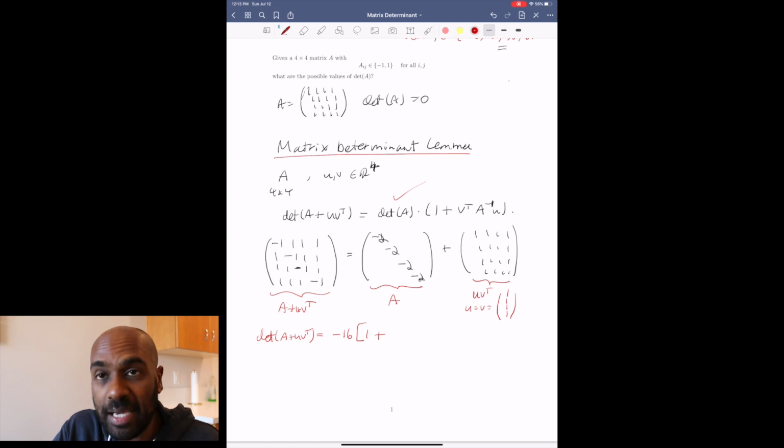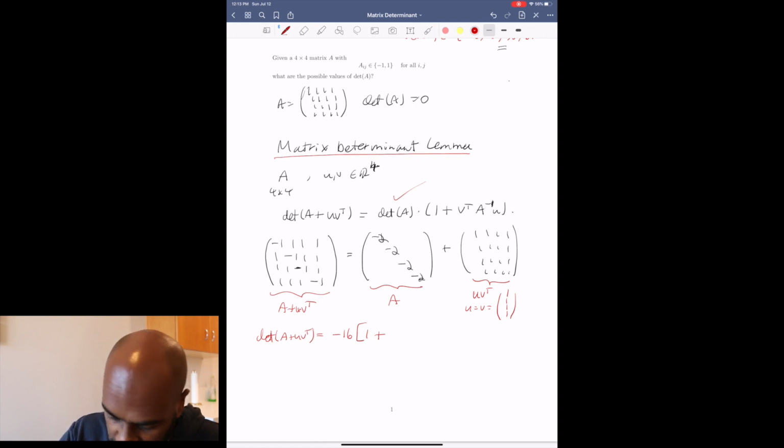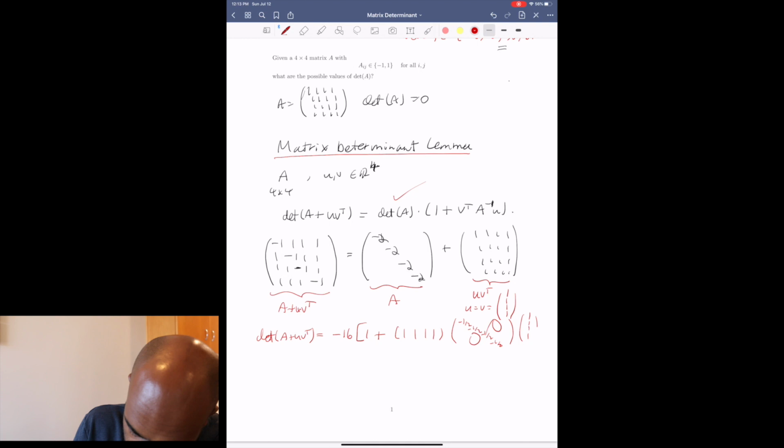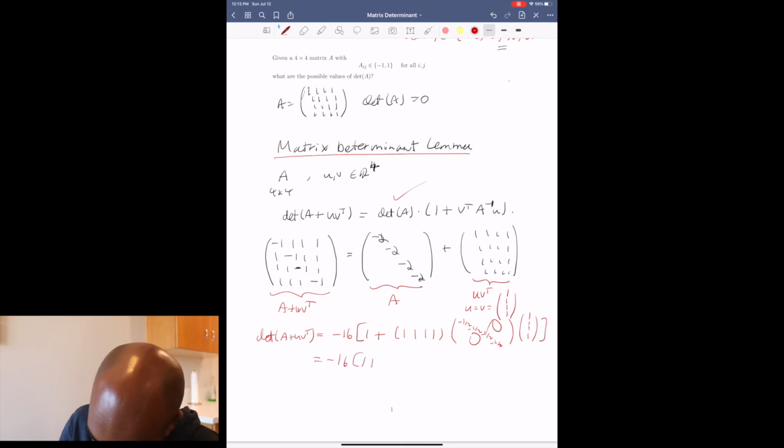And now A is a diagonal matrix, so it's actually kind of manageable to compute what A inverse is. So we'll have something like this for v transpose. A inverse has negative halves on its diagonal and zeros everywhere else. And then we'll have this 1, 1, 1, 1 vector here. So we get a negative 16 times 1 plus something.